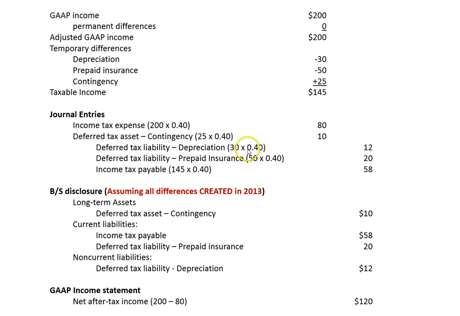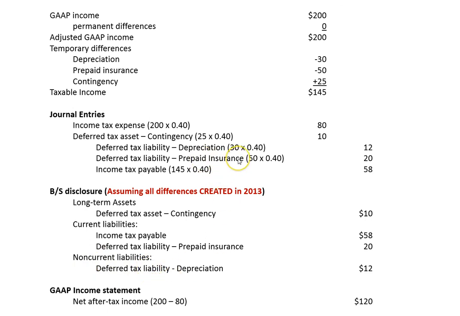Depreciation is typically going to be a non-current deferred tax liability. Depreciation is typically a long-term sort of event, and so the deferred tax liability related to depreciation will typically be found in non-current liabilities.